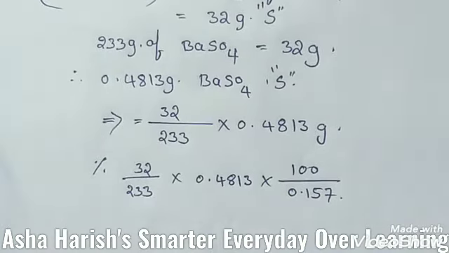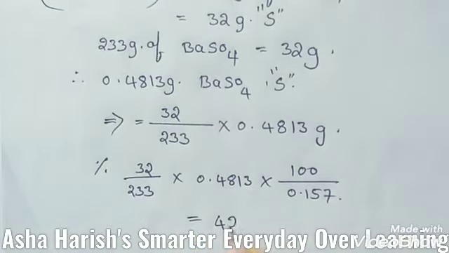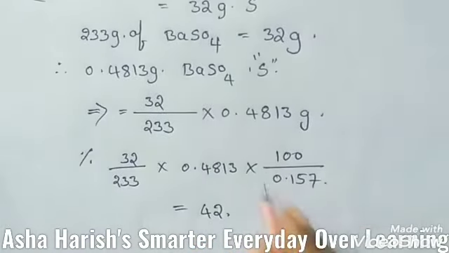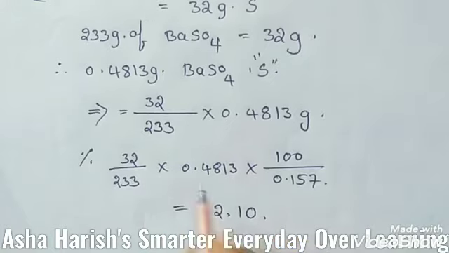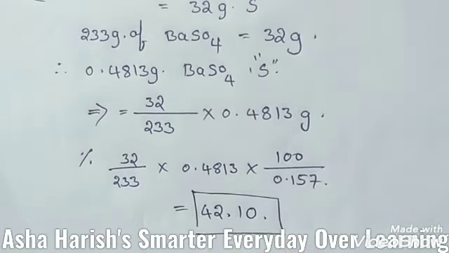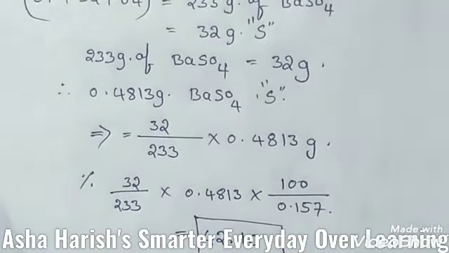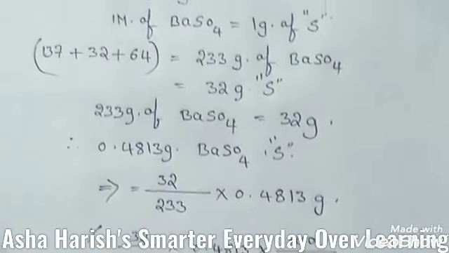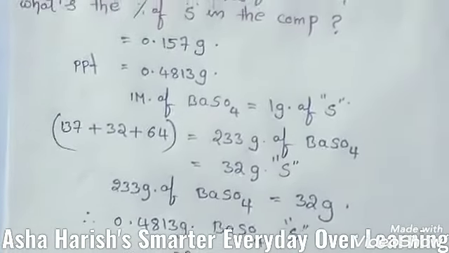By doing the calculation, we got the final answer 42.10. This is the final answer. So this is the estimation of sulfur percentage.